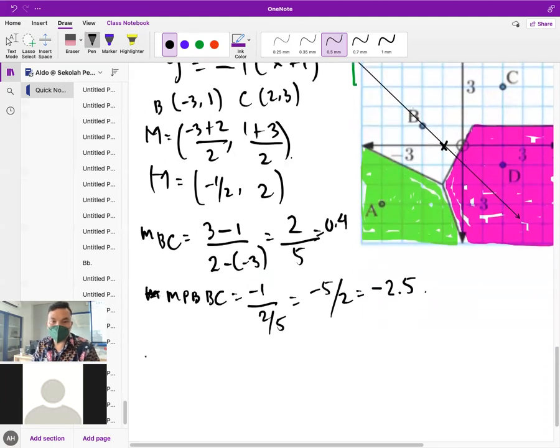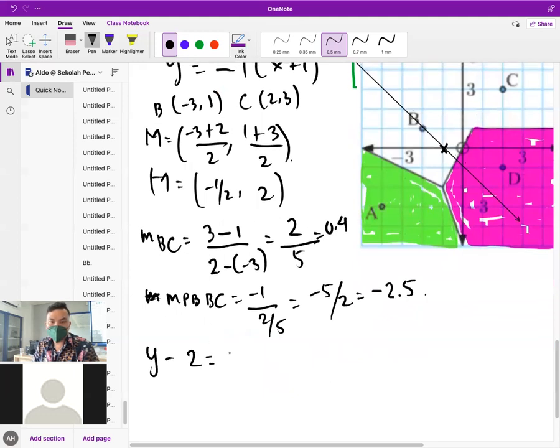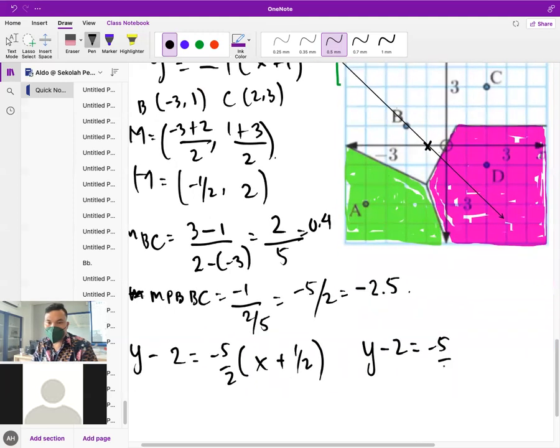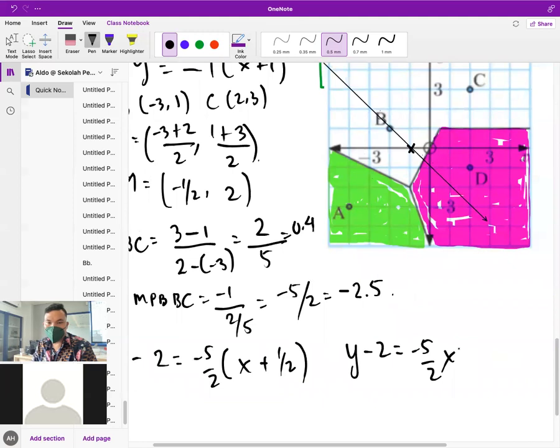Okay, therefore the equation of the line: y minus 2 equals minus 5 over 2, times x minus a half, minus a half becomes x plus a half. So y minus 2 is equal to minus 5 over 2 x minus 5 over 4.